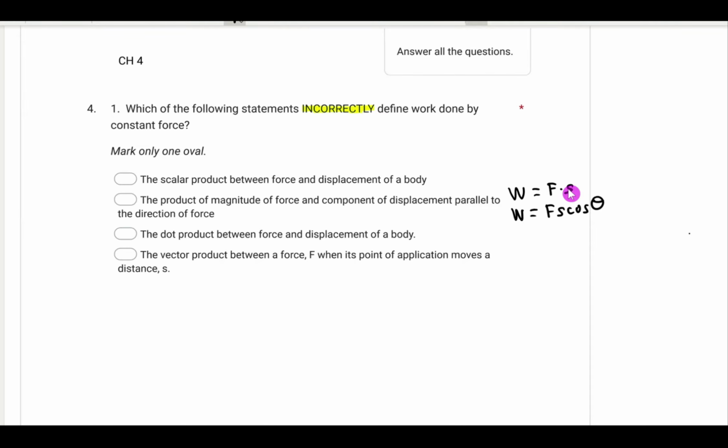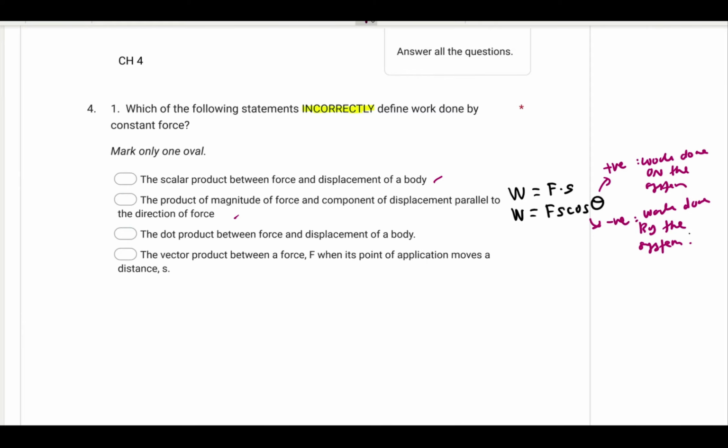So if positive, remember, if positive means that work done on the system. But if your answer W is negative, means that work done by the system. So second, this is the correct one.